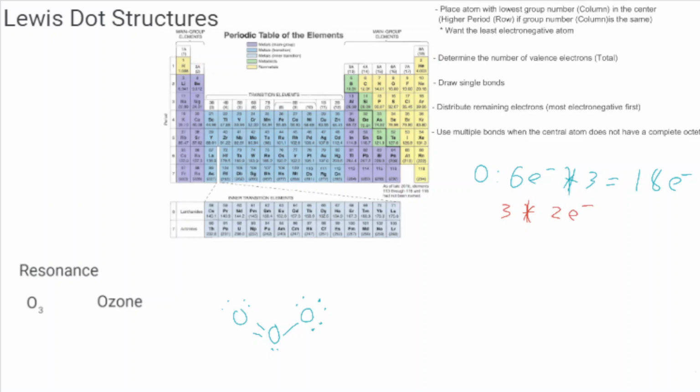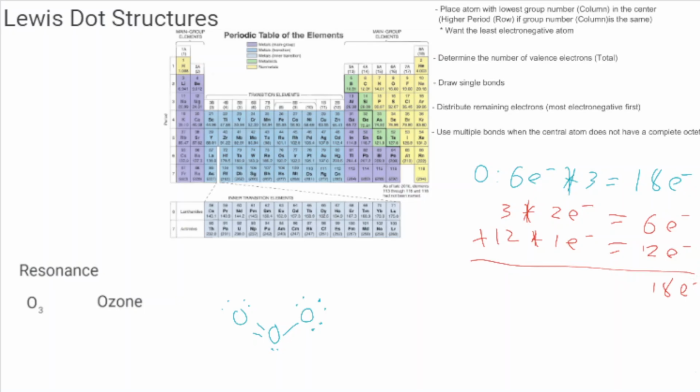And then we have 4 on the first oxygen, 2 on the middle oxygen, and 6 on the last oxygen, for a total of 12 dots at 1 electron each. I'm sorry, I forgot to give the total for the bonds. 3 times 2 is 6, and 12 times 1 is 12. Add those up, we get 18 electrons, and so this checks out with those 2.